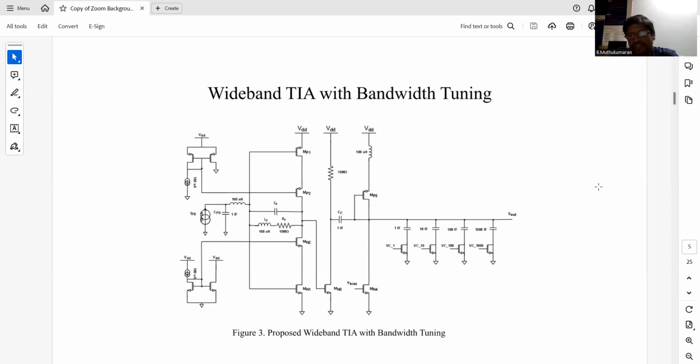Each one is varied with the control voltage provided by VC_1, VC_10, VC_100, and VC_1000. We can use the capacitance bank for bandwidth tuning, and the gain is improved by the common source amplifier. This proposed TIA provides wide bandwidth tuning, and the results were obtained.